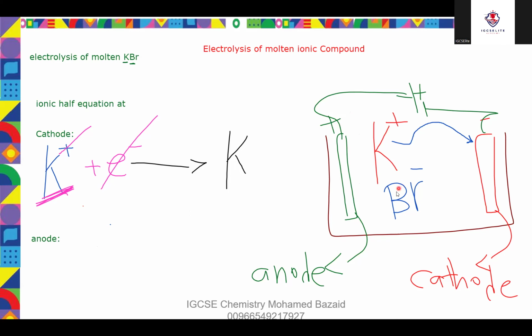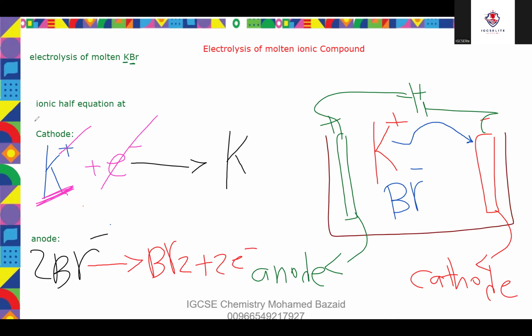I will attract Br minus. Oh, so write Br minus. No, no, no. Write 2. Why 2? To balance the chemical equation. Oh, so the product is Br2 plus 2 electrons. Look here, at the cathode, gaining of electrons, but at the anode, losing electrons.